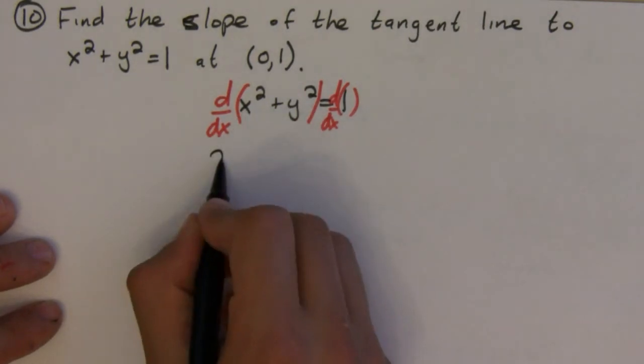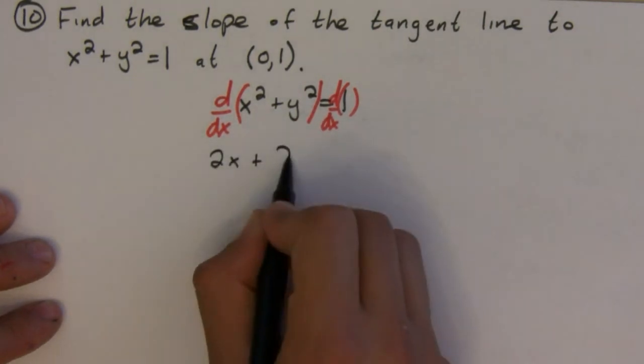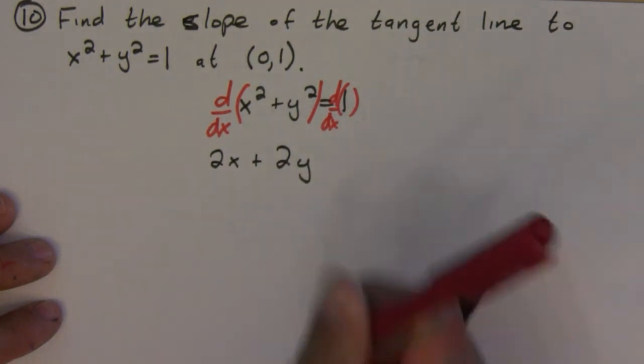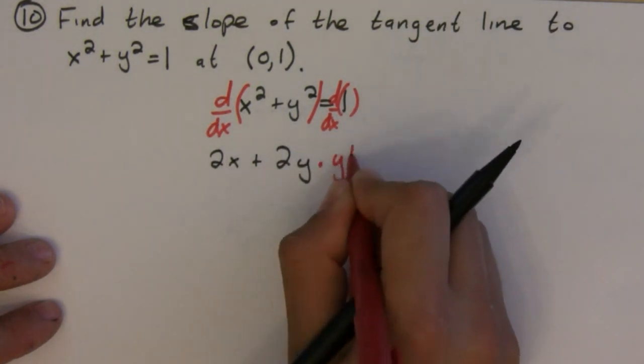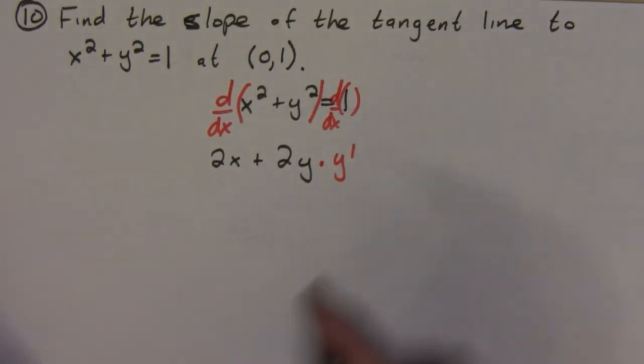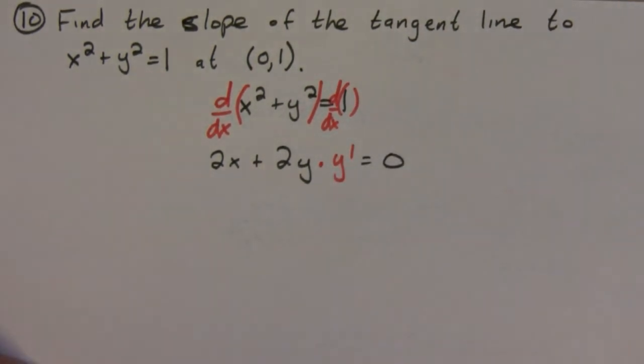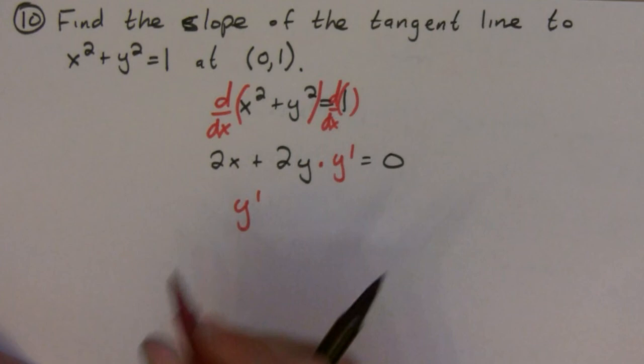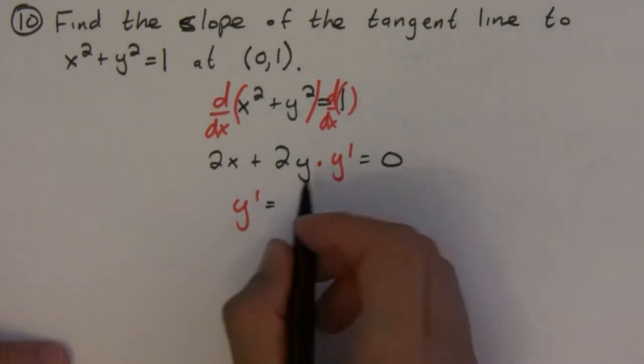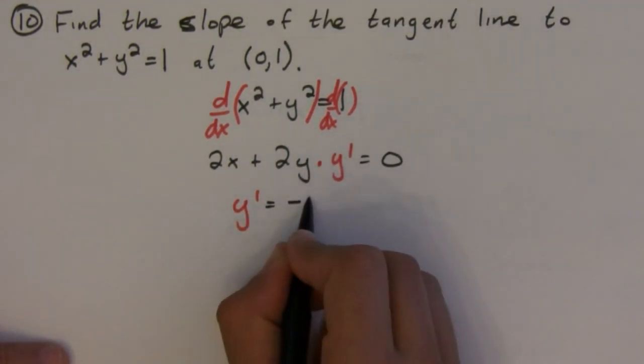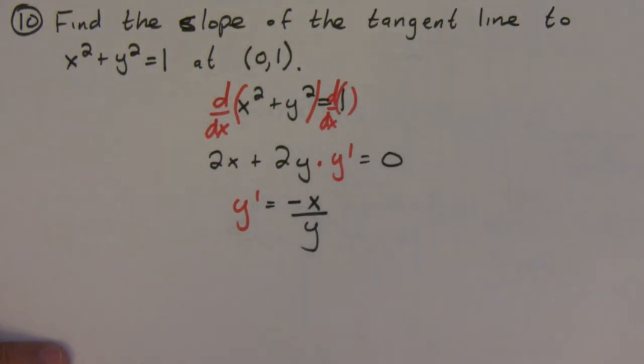The derivative of this guy was just 2x plus 2y times y prime is equal to 0. And when we solved for y prime, we got y prime equals negative x over y.